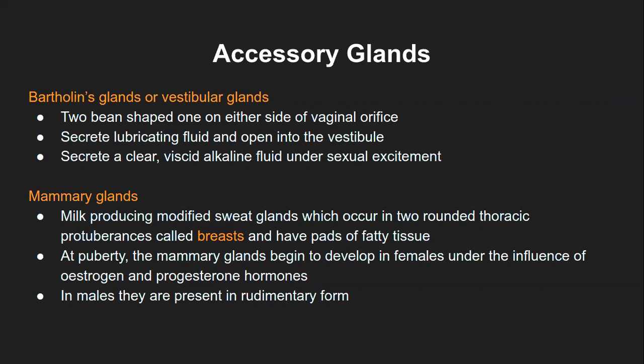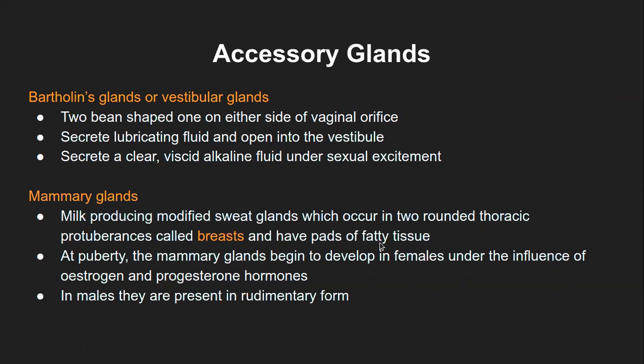Now this is a very scientific terminology for the breast description. That is rounded thoracic because they are located in the thoracic region, and protuberance means the outgrowth or the extension. So the two rounded thoracic protuberances are called breasts, and they have pads of fatty tissues.